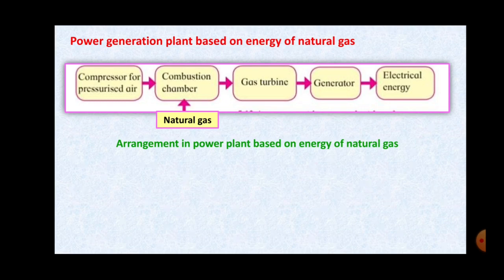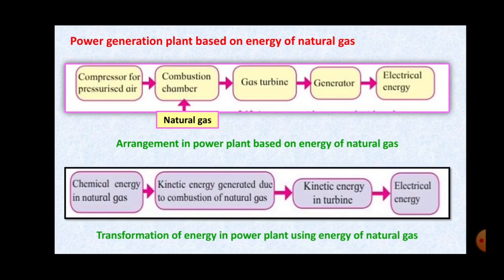Now how the energy is transformed from one form to another, that we will understand with the help of the flow chart. Now the natural gas has the chemical energy, right? Now this chemical energy is transformed into the kinetic energy, which is generated due to the combustion of natural gas.